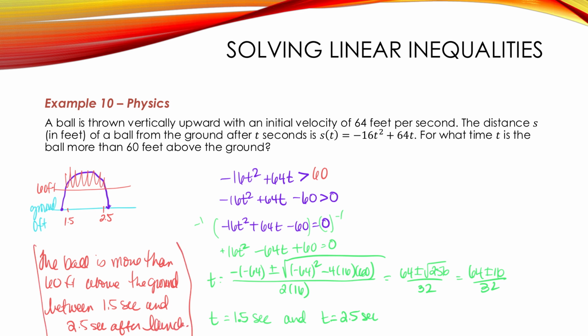So that would be our answer, which means really that we've got 1.5 is less than t, which is less than 2.5. So it's between 1.5 seconds and 2.5 seconds.